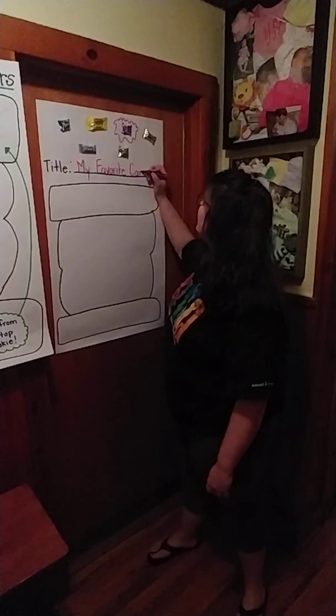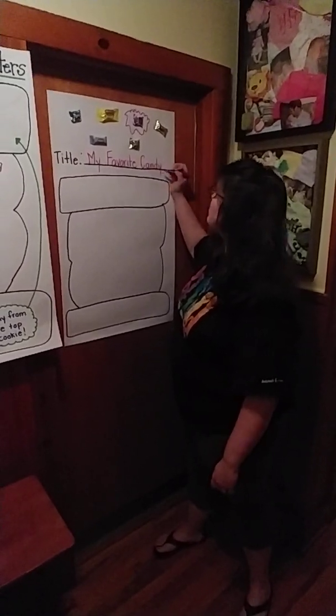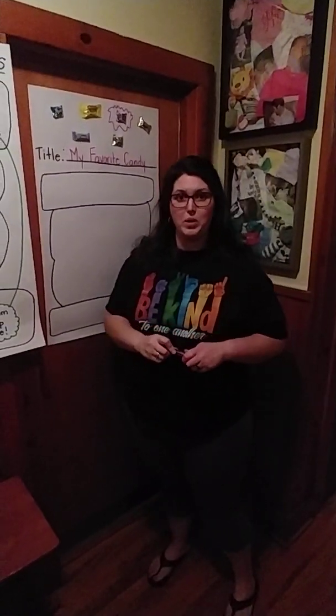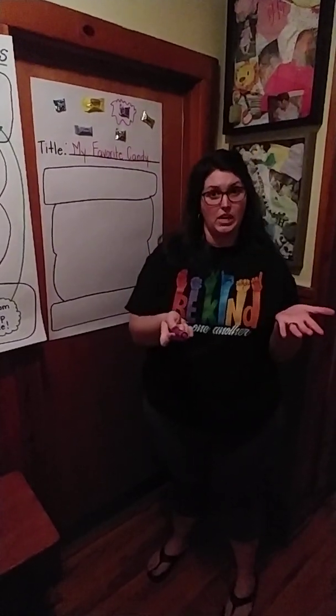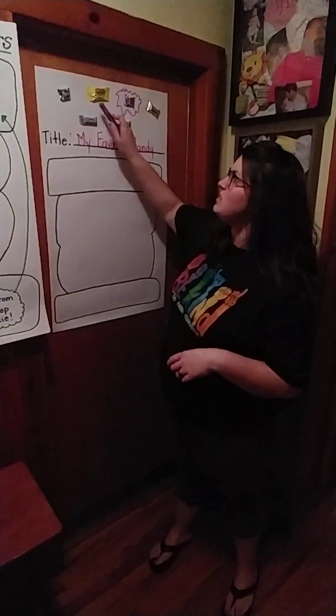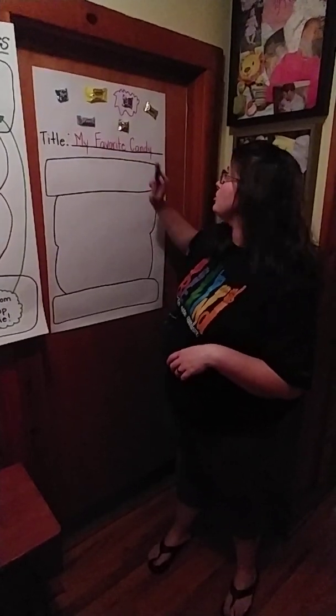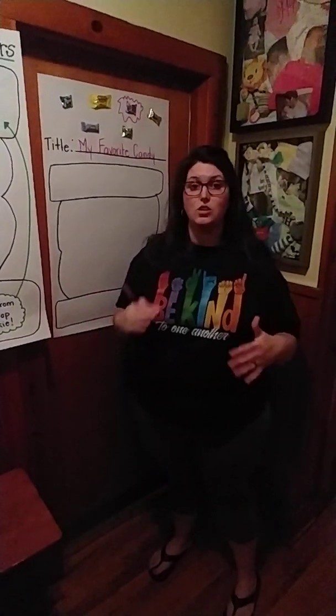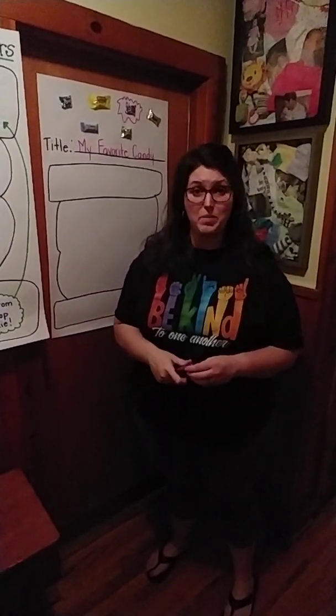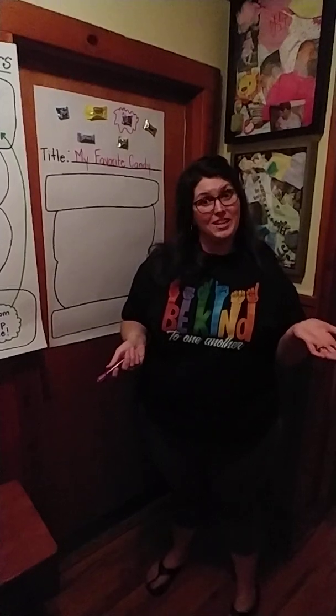So we're going to write candy. Now remember, we want to persuade other people to think that your favorite candy should be their favorite candy too. So even if you picked Reese's or Three Musketeers or Milky Way or Twix or Kit Kat, whatever you pick, you want the person reading your paper to think like you, to have your opinion.